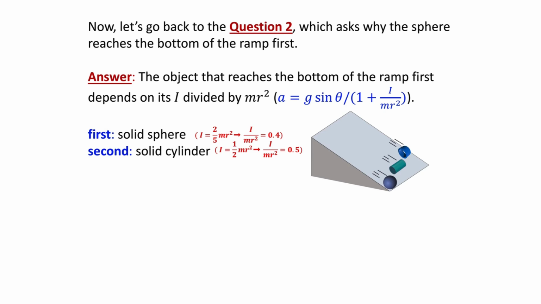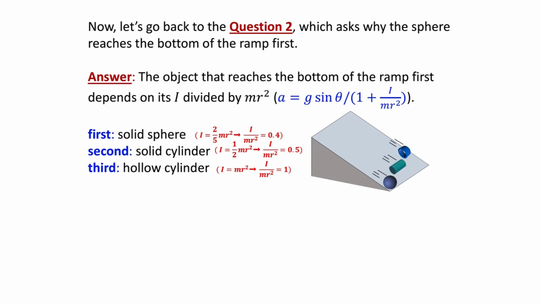And I over mr squared will be 0.5. And for the last object, hollow cylinder, the moment of inertia is mr squared based on the table that I showed you. And I over mr squared for this hollow cylinder will be 1.